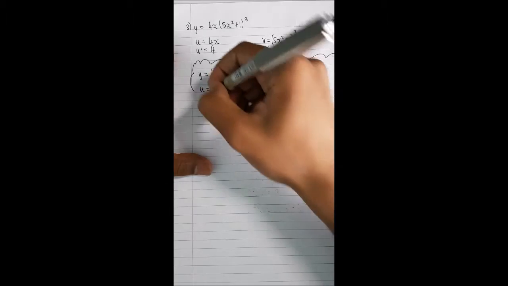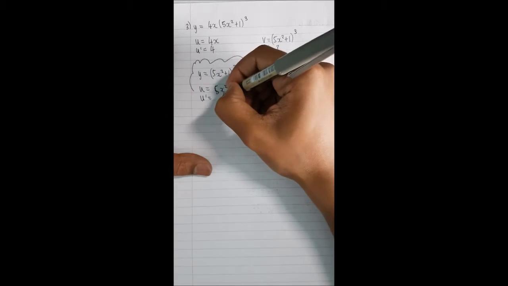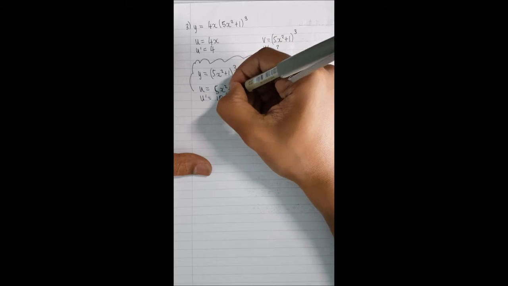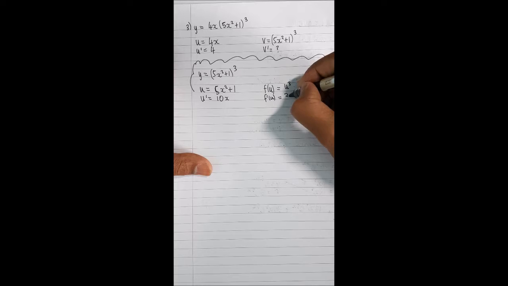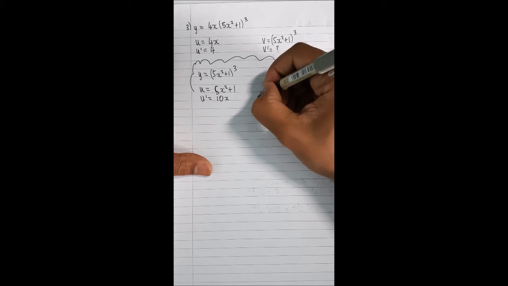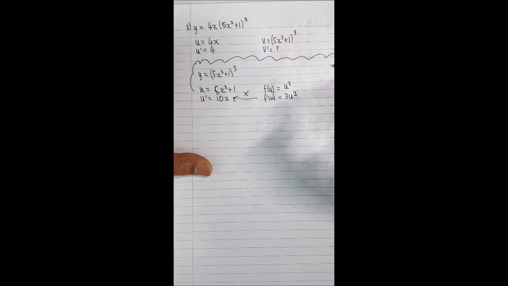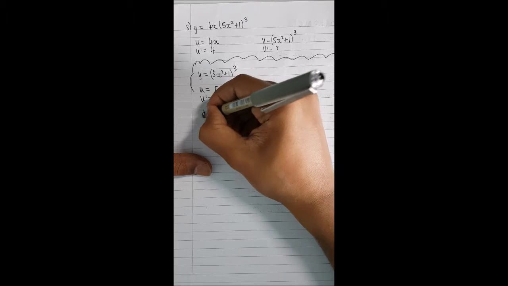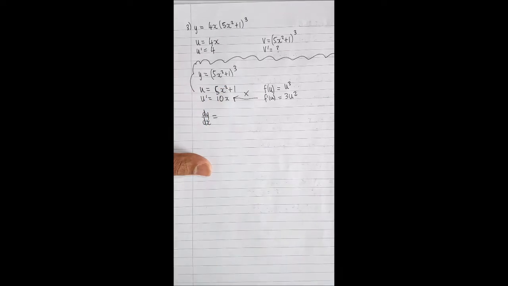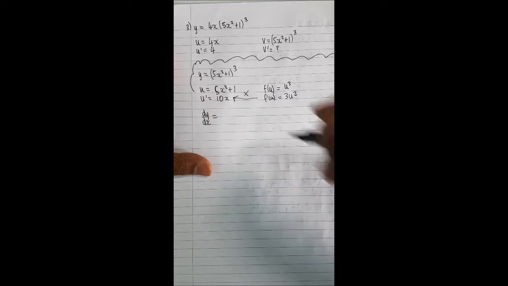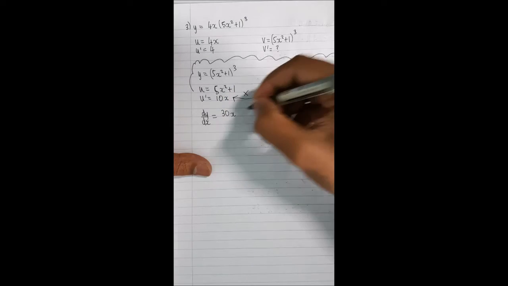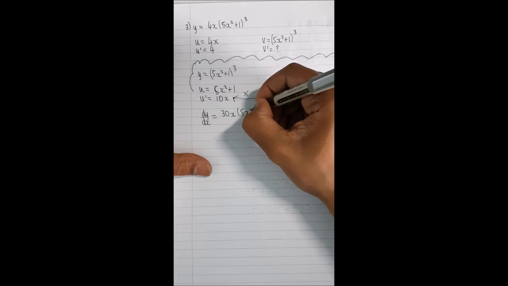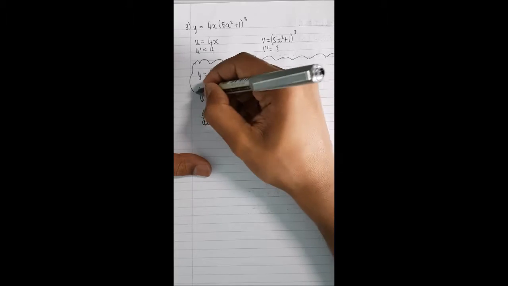If you substitute u into f of u, you'll see that you end up with the function y. So u prime is equal to 10x, and f prime of u is equal to 3u squared. And if you watch my video on the chain rule, you'll see that you have to multiply together u prime and f prime of u, and you end up with dy by dx is equal to 30x all into 5x squared plus 1 all squared.